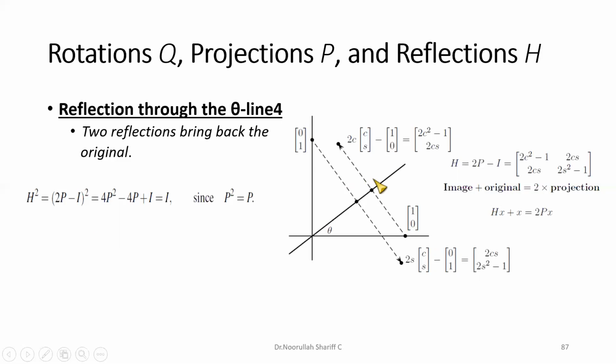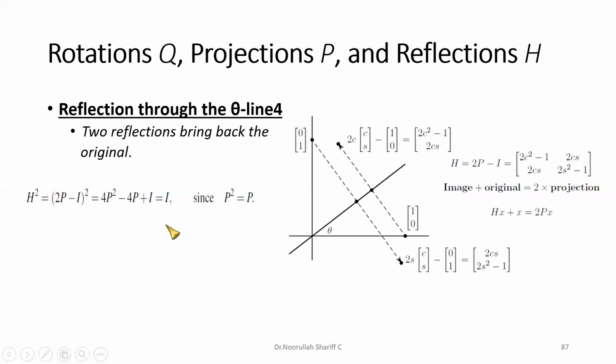If you take that, you will get 2P minus I with the values 2C square minus 1 and 2CS, which is calculated from here, and 2CS and 2S square minus 1, which is calculated over here.